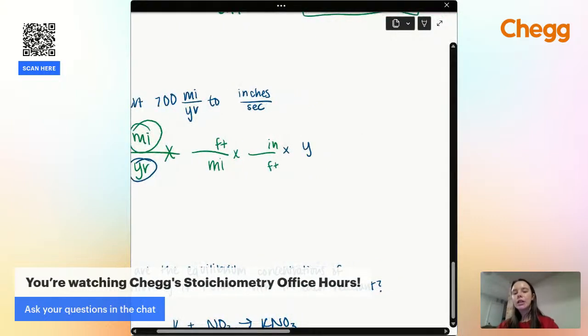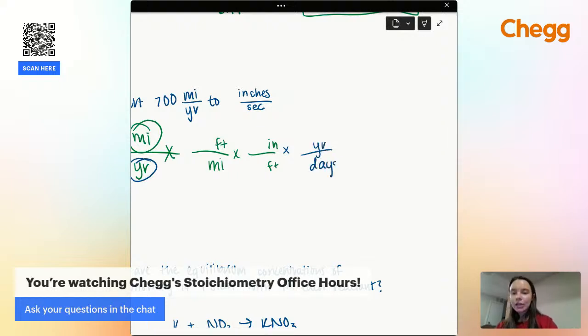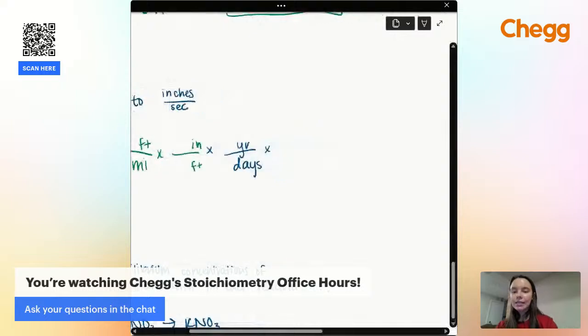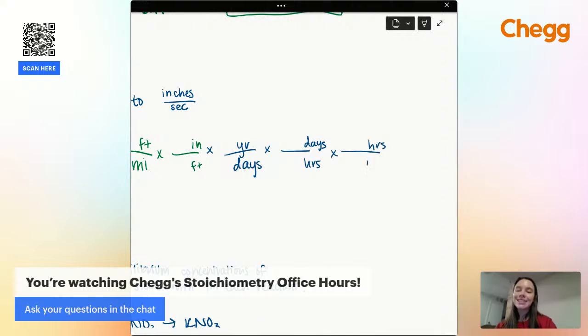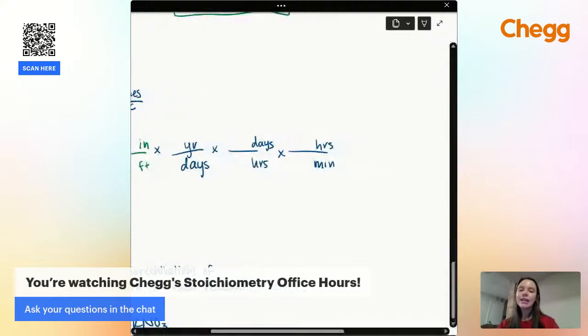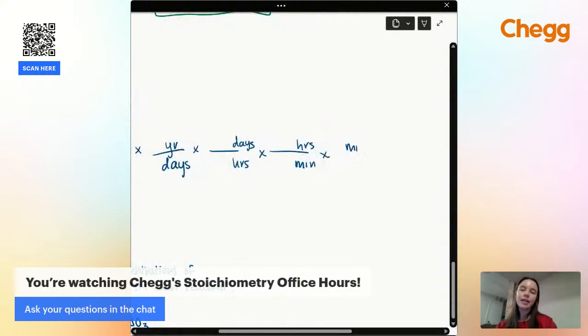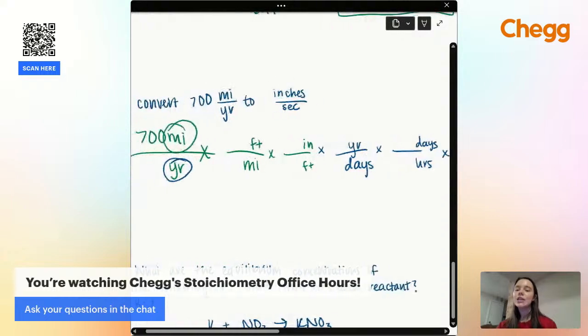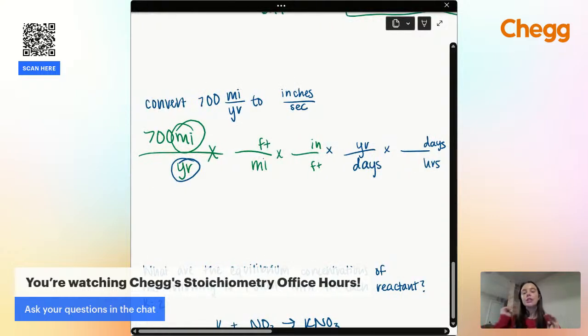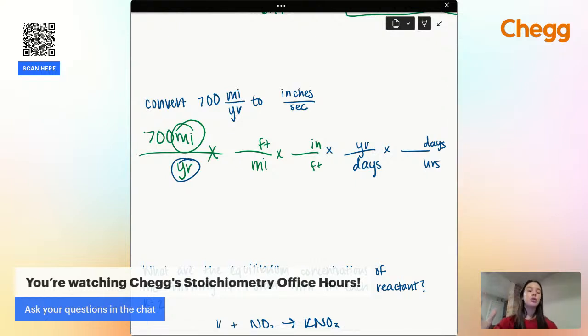So I know the conversion of years to days, and days to hours, and hours to minutes, and minutes to seconds. So we're going to have a lot of conversions, but it's going to be great practice. If you're wondering why I alternated top and bottom, that's so the units cancel out. I'll show y'all while we're doing it how the units cancel out.